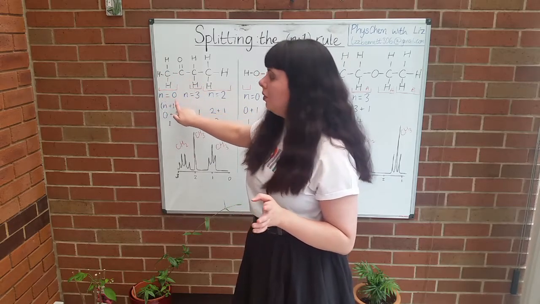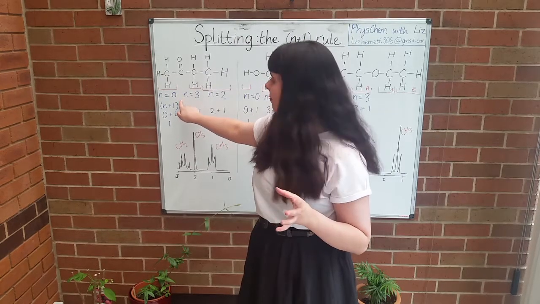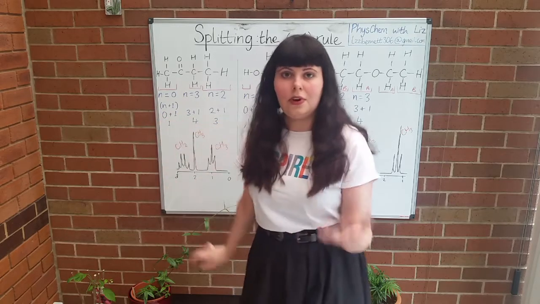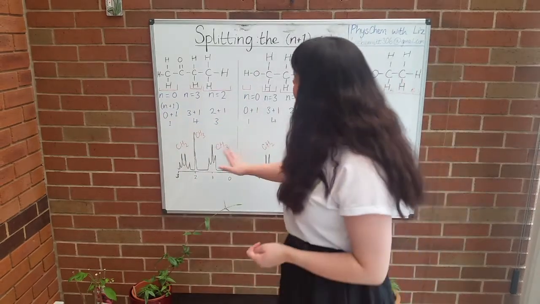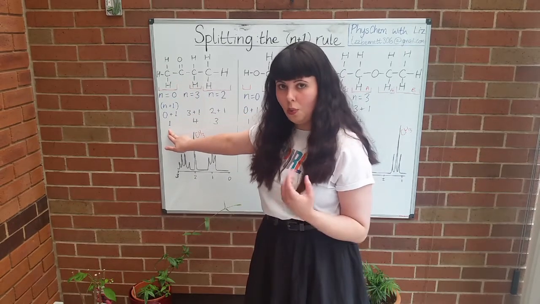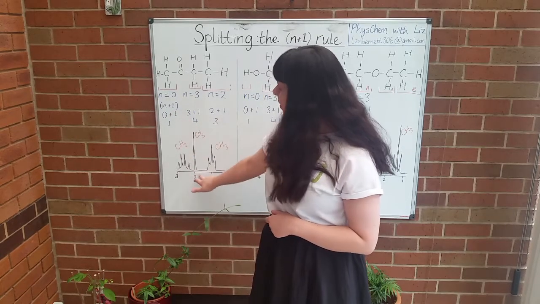So n equals 0. There's no protons next door to that CH3. Then applying n+1, 0 plus 1 obviously equals 1. That means the CH3 here will give rise to one signal, which we call a singlet on the NMR spectrum.